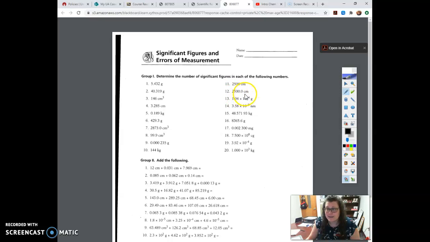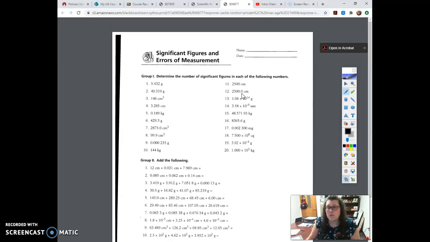However, in this example, I have 3 significant zeros. All 3 of these zeros become significant because now I have a decimal, which would make these 2 zeros significant. And then any 0 that comes at the end to the right of a decimal is also significant. Again, because that tells us how precise that number is.